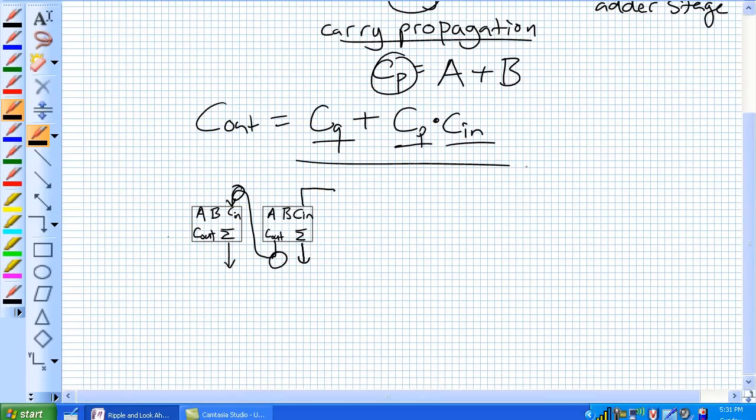So this stage's carry out is the second stage's carry in. According to our rules, the C out for stage 1 is going to be equal to the carry generated by stage 1 or the carry propagated and the carry in of the first stage. No big jump right there. But now that carry out 1 is the carry in for 2. Dig?